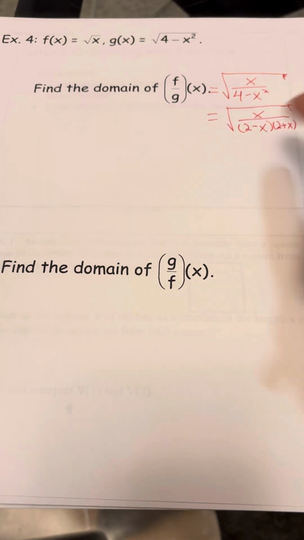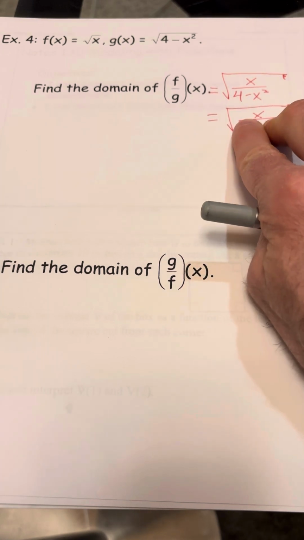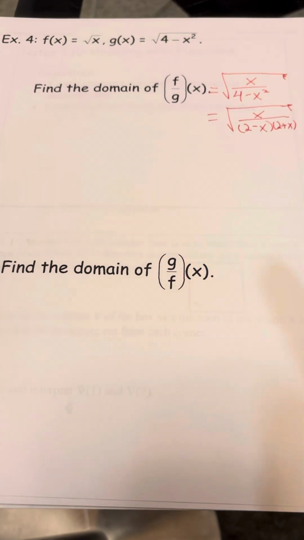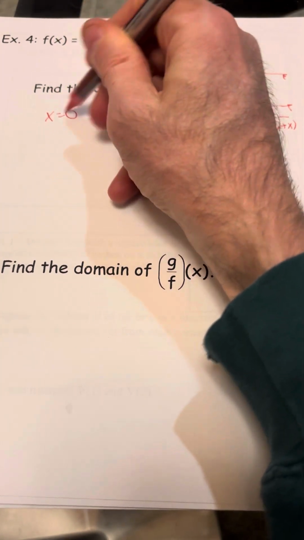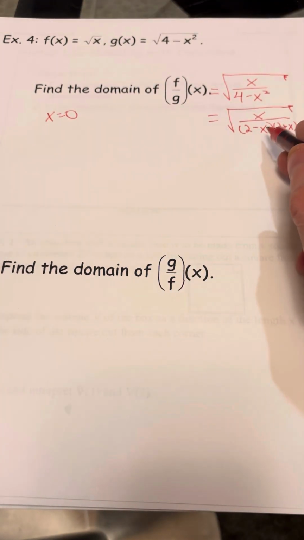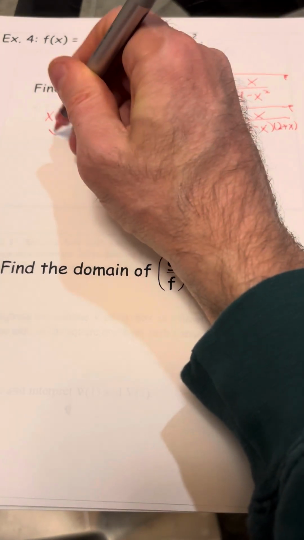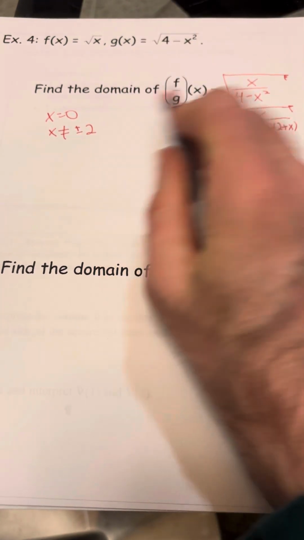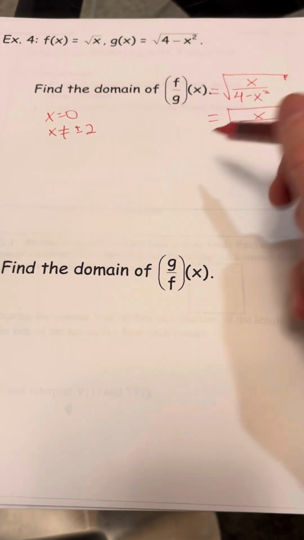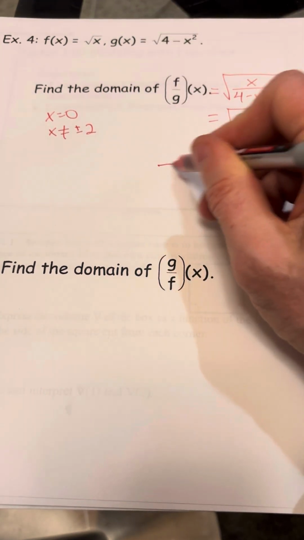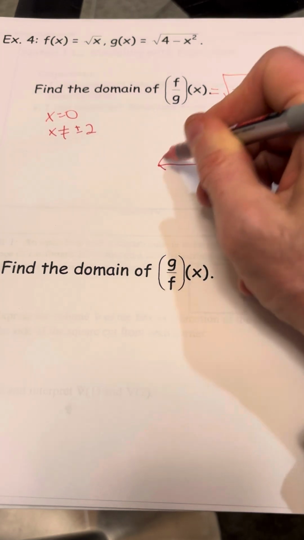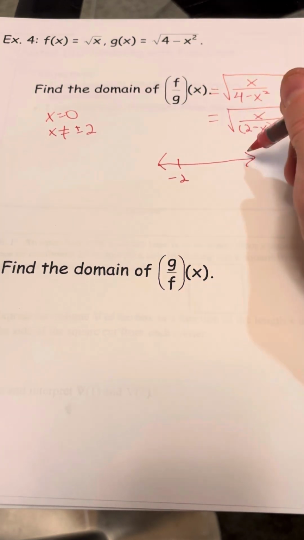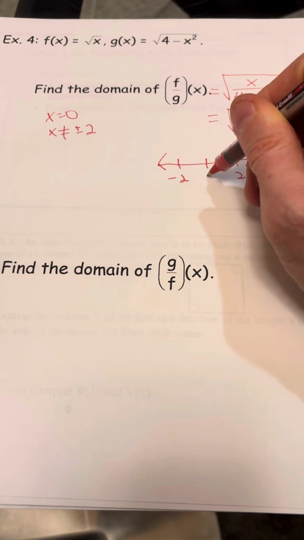We have a critical point for the numerator, which is an actual x-intercept, 0 at x equals 0. Then we have our 2 restrictions, because they're in the denominator, where x cannot equal positive and negative 2. Now, to actually set up and find our domain, we can use a number line, with negative 2, positive 2, 0.